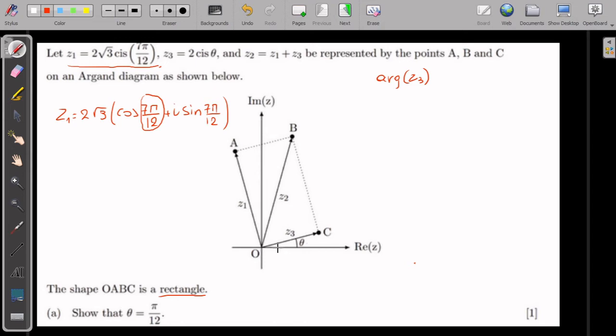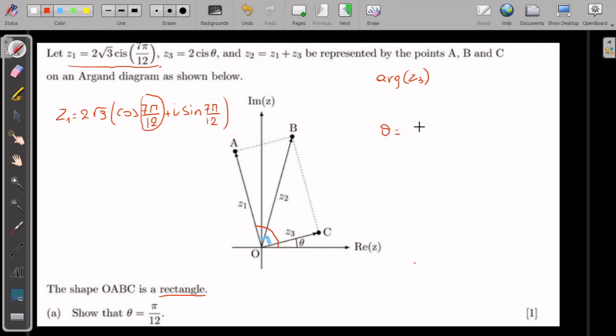So basically they tell me that this angle here is 7 pi over 12. What do I know though? What I can see very clearly is that the angle AOC here is a right angle because I have what? A rectangle. So basically, if I subtract 90 degrees from the argument of z1, I will have theta.